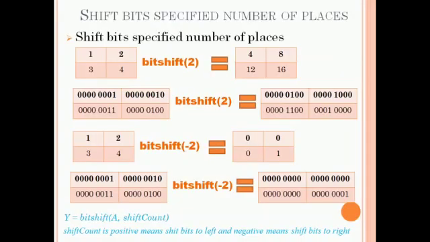Next bitwise operator is bit shift. In this operation, we can shift specified bits of each matrix element to either left or right. In short, each bit shift to left is multiply by 2 and each bit shift to right is divide by 2. Here, we have to remember that for left shift, we have to give bit count as positive number, and for right shift, we have to give bit count as negative number.